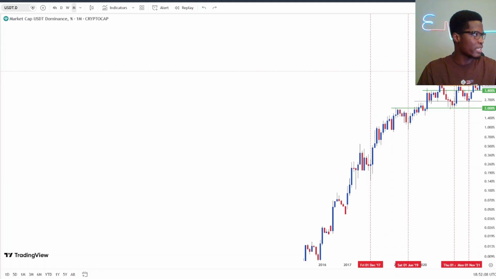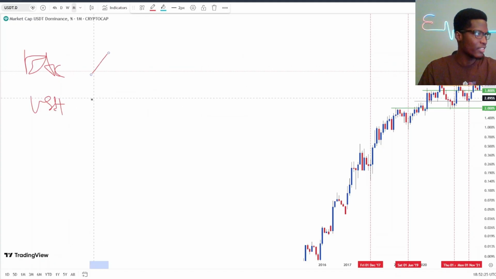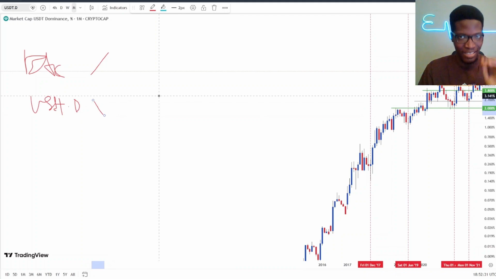So let me explain this. If we have Bitcoin, and, don't mind my handwriting, USDT. If Bitcoin, BTC, goes high, USDT dominance, .d, goes down. Why is this?